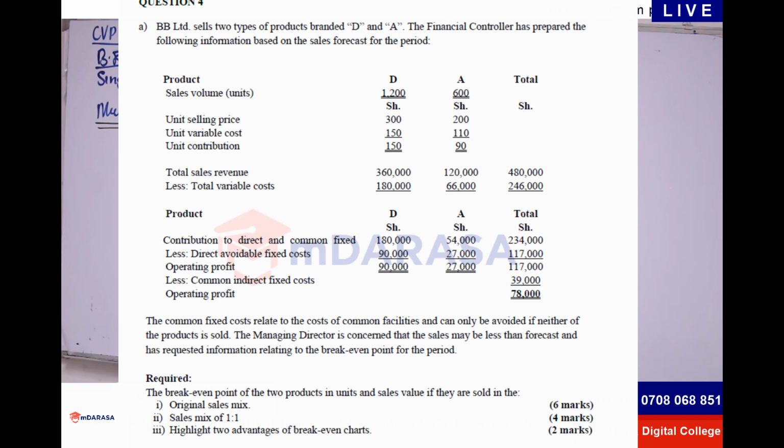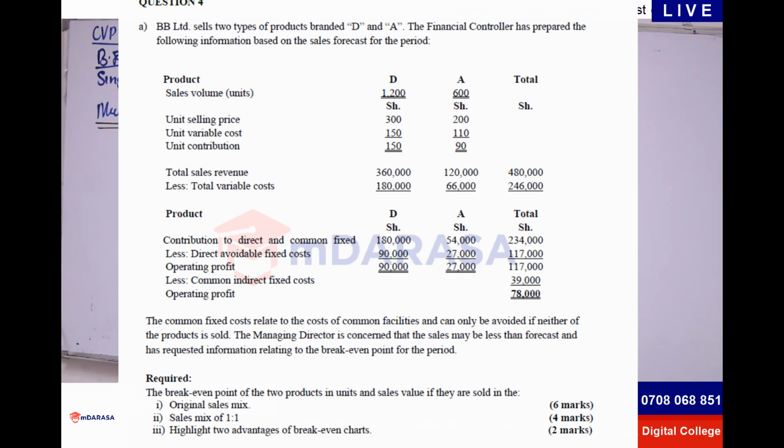The sales volume we are given. We are given unit selling price, unit variable cost, units contribution. We are given all these details, including the contribution to direct and common fixed, direct avoidable fixed cost, operating profit, common indirect fixed cost, operating profit as well.